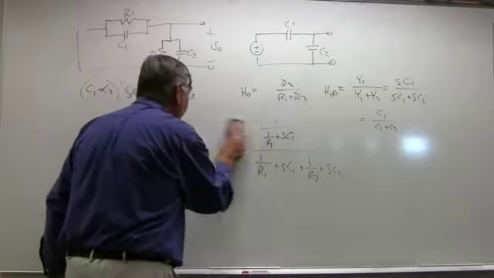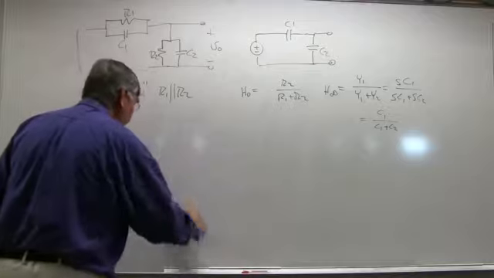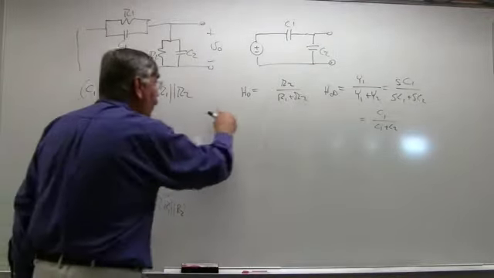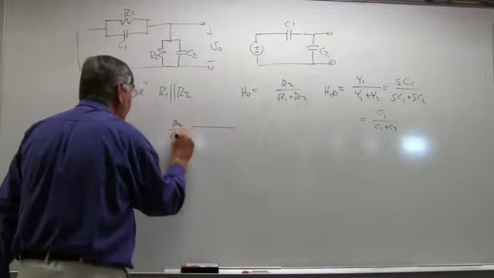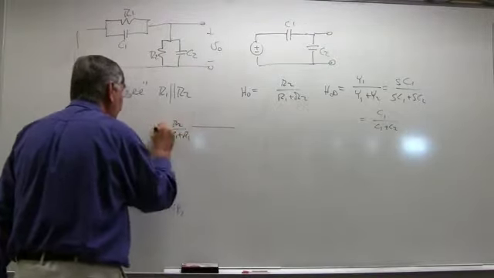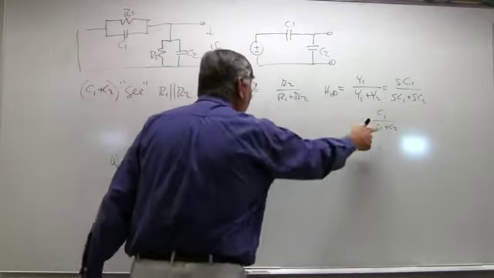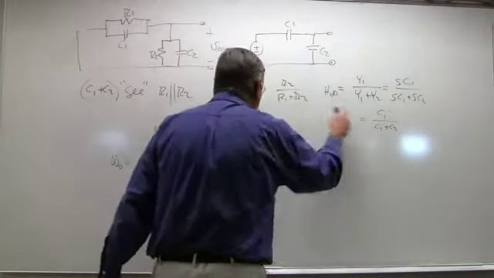So here's the deal. I just don't like that form, so I'm going to go ahead and erase it. You can check against it and see if my final result works with that. Here's what I wanted to say. At low frequencies, the gain of this is R2 divided by R1 plus R2. That was my H0. At high frequencies, the gain is either higher or lower depending on the size of H infinity. It could have been higher or lower.